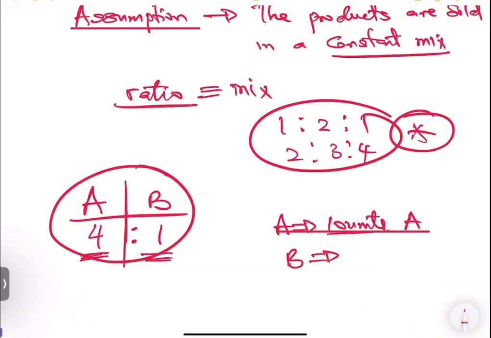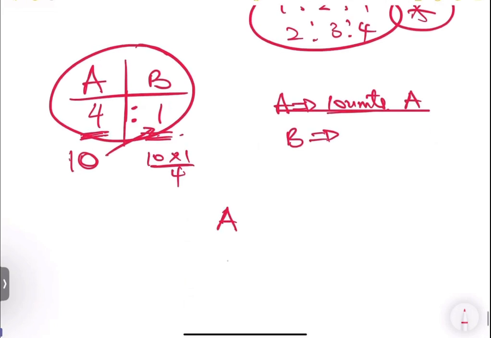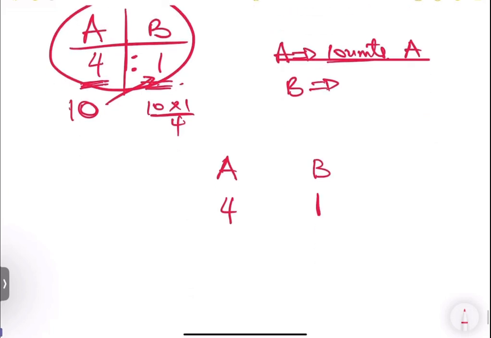Because if you are selling 10 of A, then you'll be selling 10 times 1 over 4 of B. Because you are saying if you sell 4 of A, you will sell only 1 unit of B. So if you now decide to sell 10 units of A, you need to cross multiply: 10 multiplied by 1, then divided by 4.